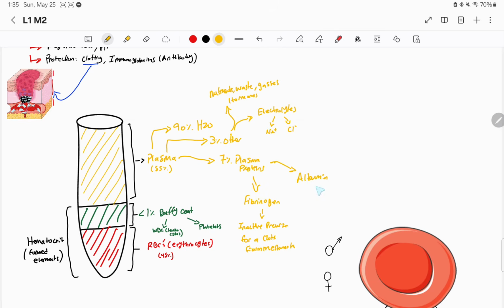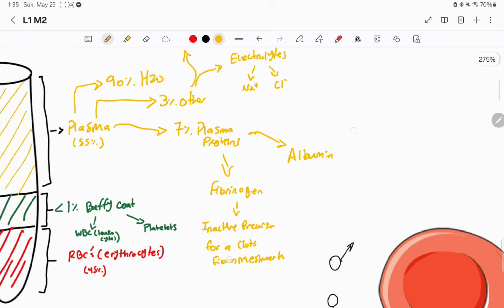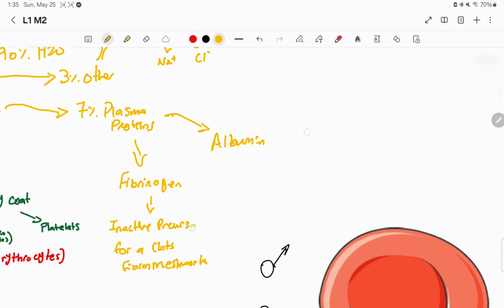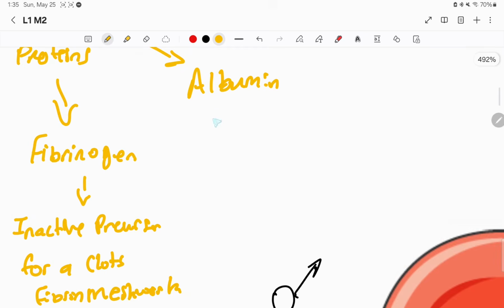Because of that, all proteins contribute to the osmotic pressure of the plasma. All proteins, okay? Some, however, contribute more. Albumin, for example, is the biggest contributor to the colloid osmotic pressure.